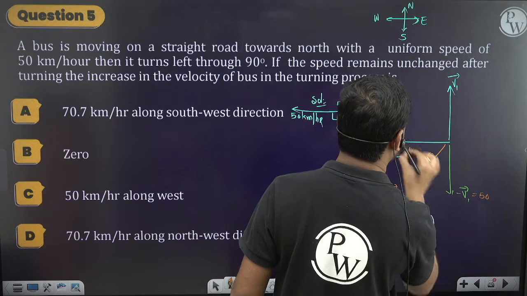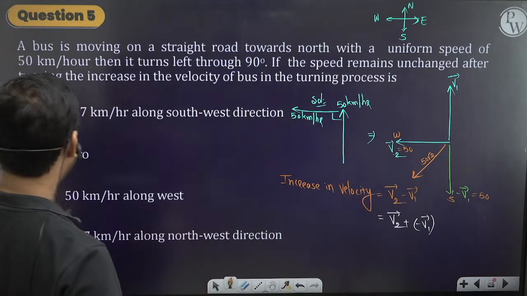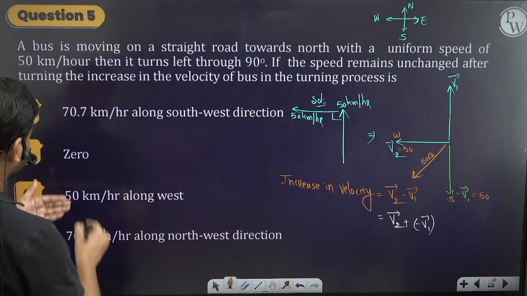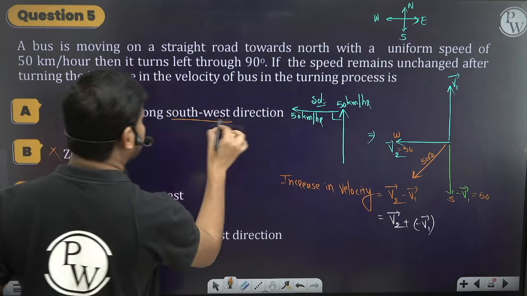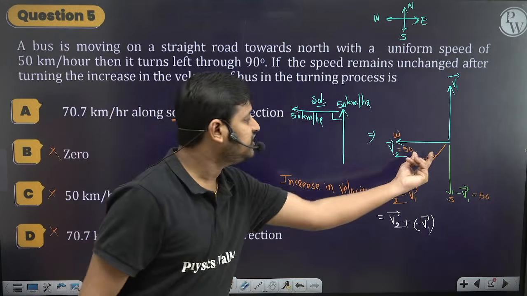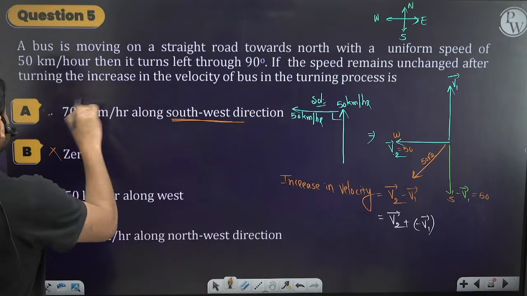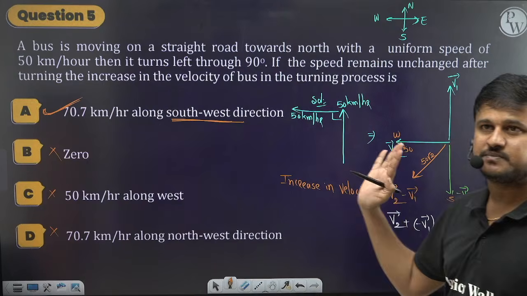This is west and this is south. So 50 root 2 in the southwest direction. Not along west, not northwest, so only with the direction you can find it. It is southwest, and 50 root 2 means 70.7. So option A. Clear? Simply vectors concept.